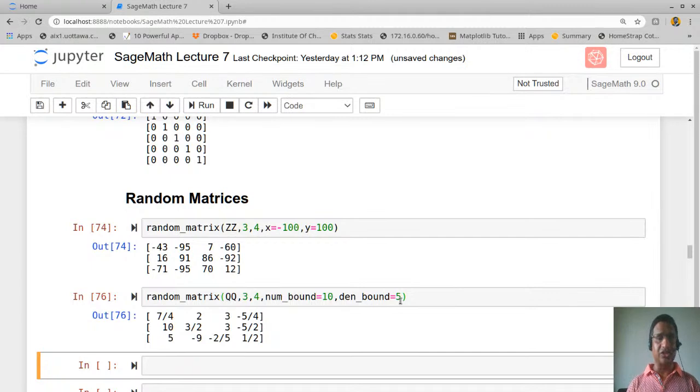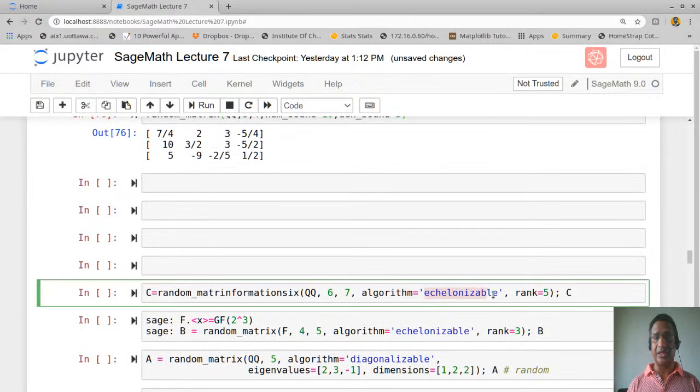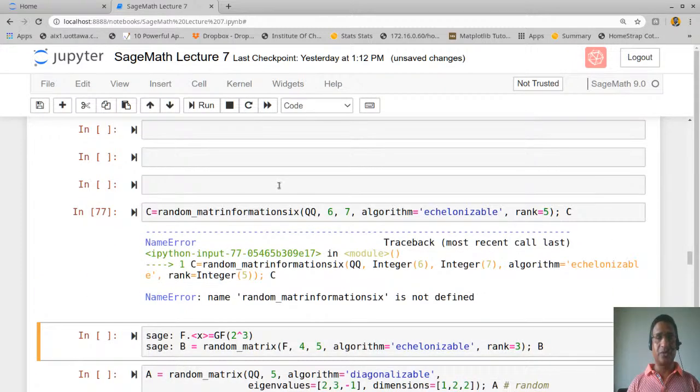Not only that, you can generate a random matrix which is in echelon form and of particular rank.